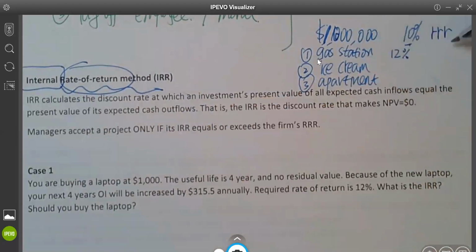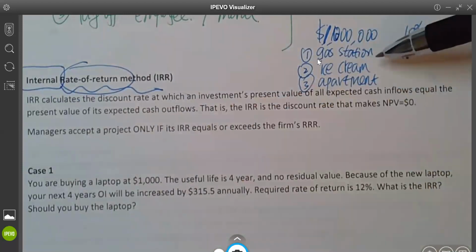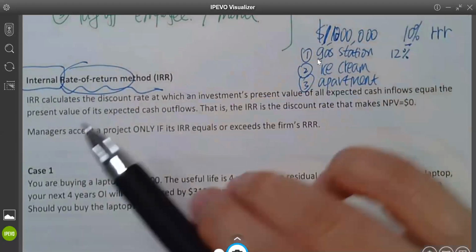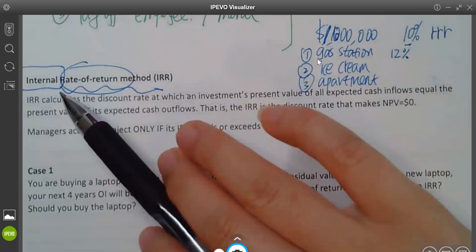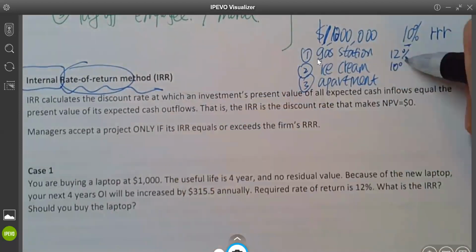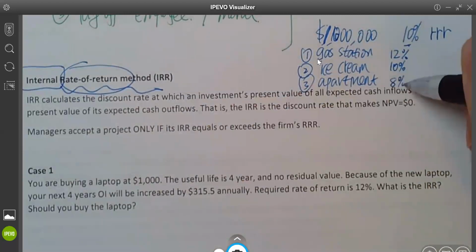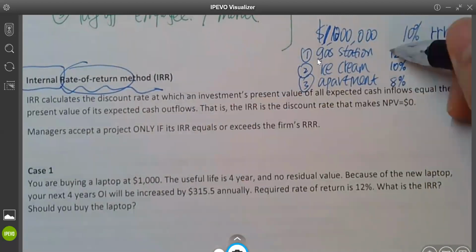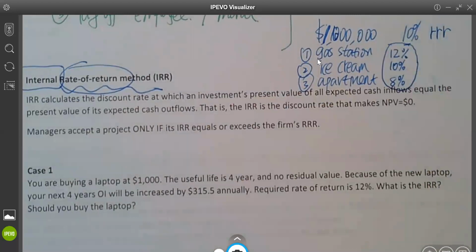So the required rate of return focuses on the company level and IRR focuses on each specific project. And then you do the same analysis, you find out ice cream gives you 10%, apartment gives you 8%. So this is each project's IRR.